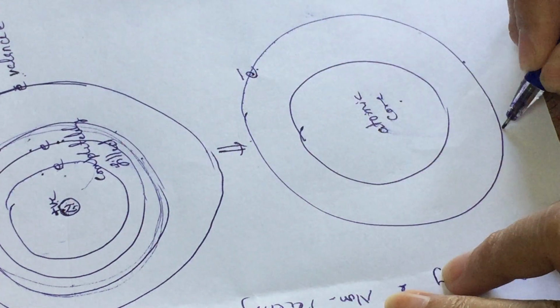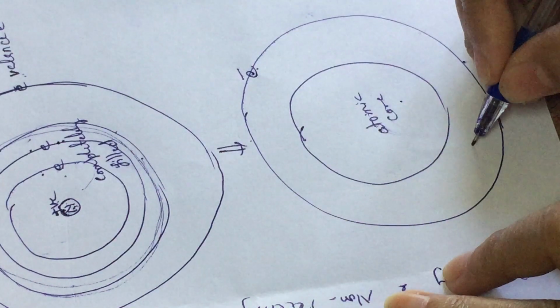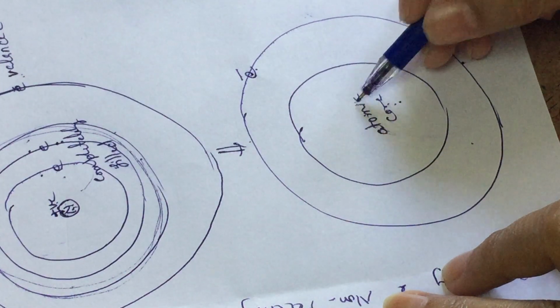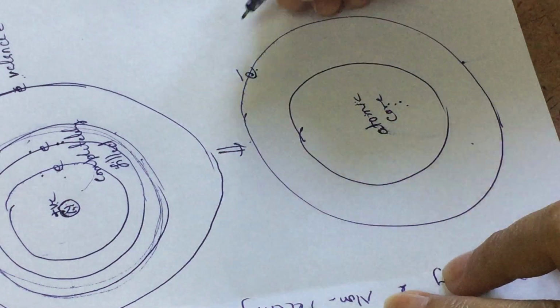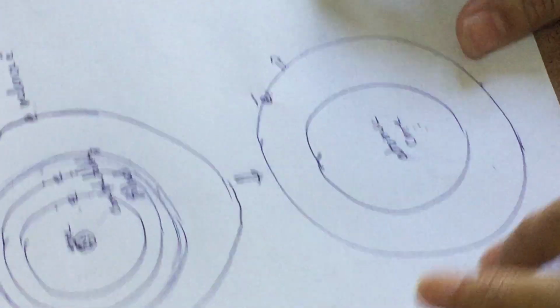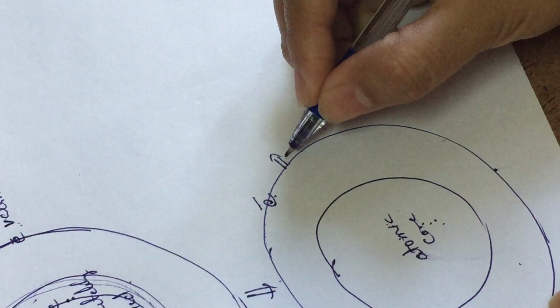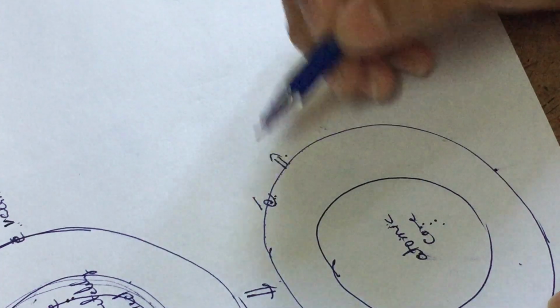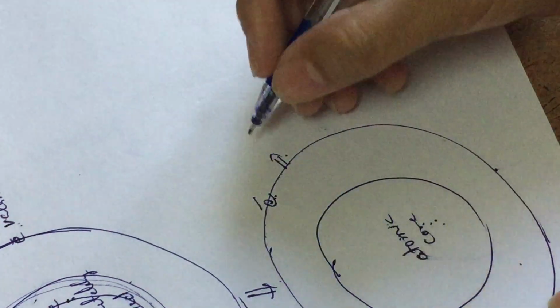If the electron is moving in such an orbit that it is not penetrating the atomic core, then we define this orbit, that is the outermost orbit in which the valence electron is moving, as a non-penetrating orbit.